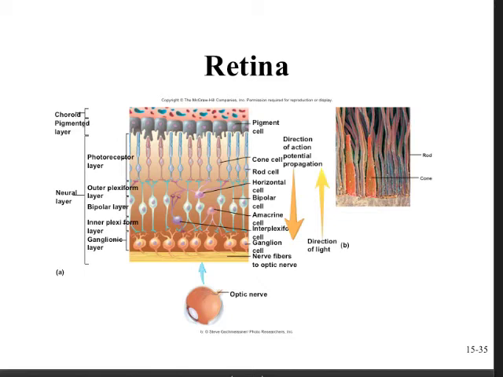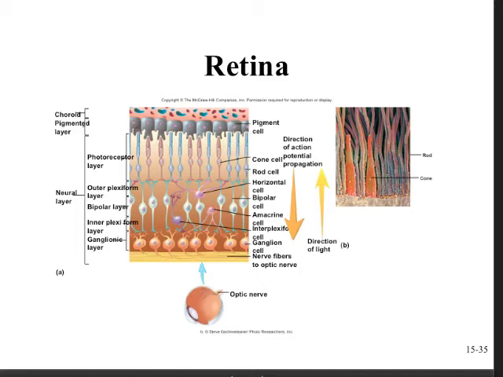With the rods, what you have is a much broader distribution, and you have a lot more divergence in the information, the electrical information that comes from the rods that eventually gets back to the optic nerve, whereas you could think of the cones as having almost a private line to the brain, so there's not a lot of divergence in the signal.